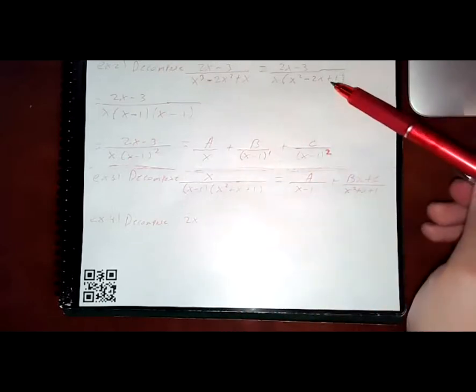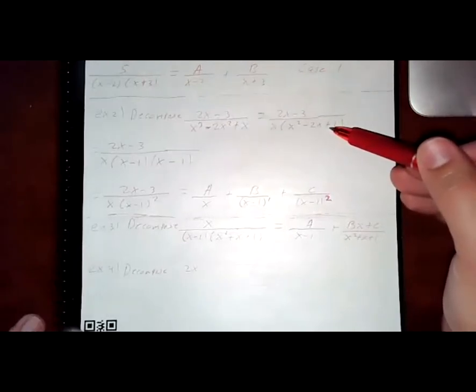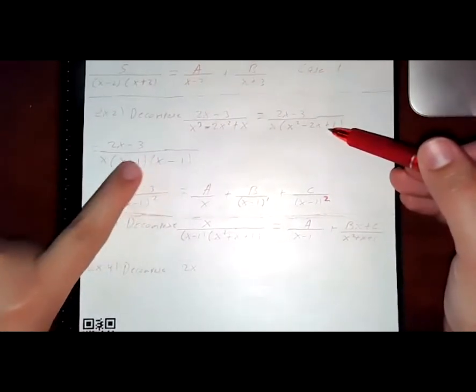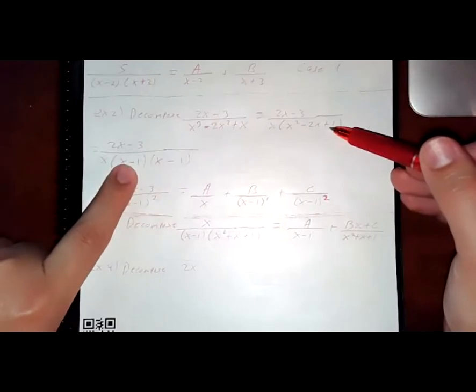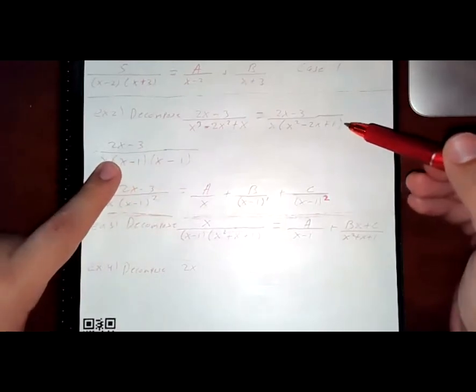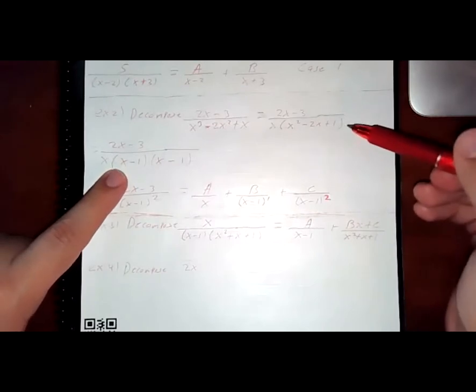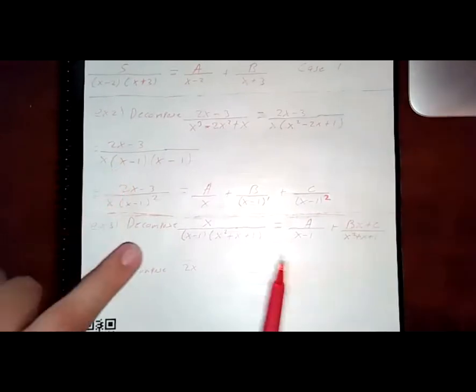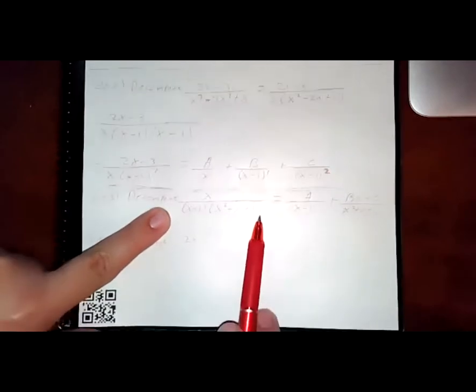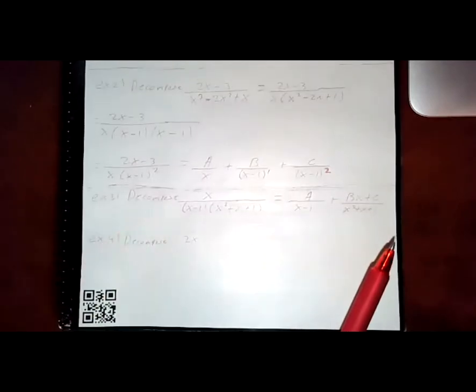Like this one over here, you see how this guy was factored into linear factors, so we didn't have to deal with it. But when you are unable to factor it, meaning it's impossible to factor, then you do it this way. That's case 3, also known as irreducible.